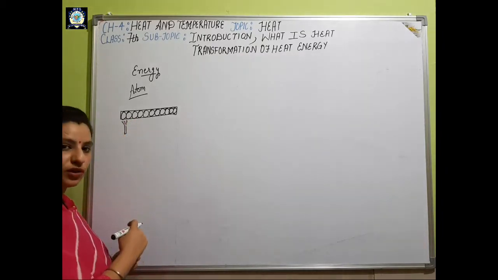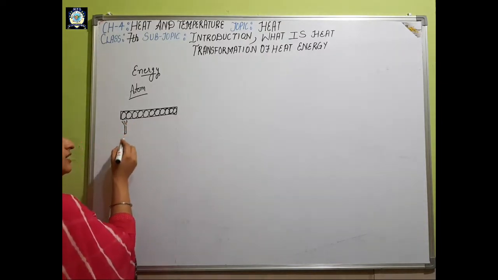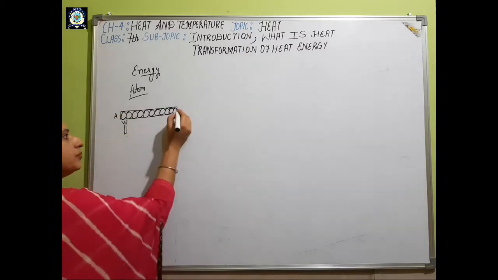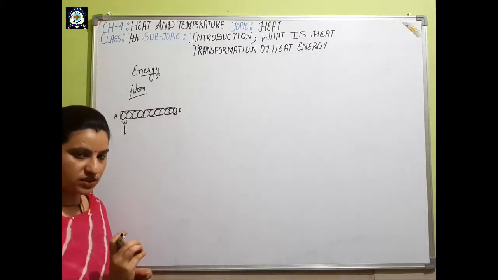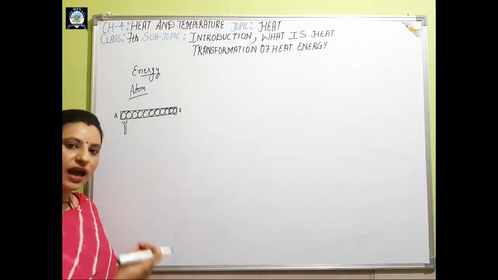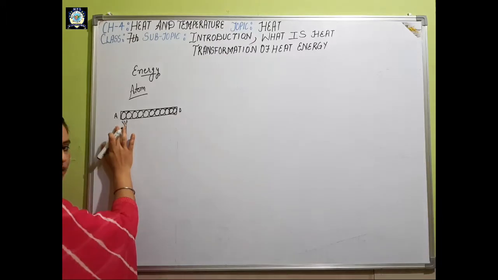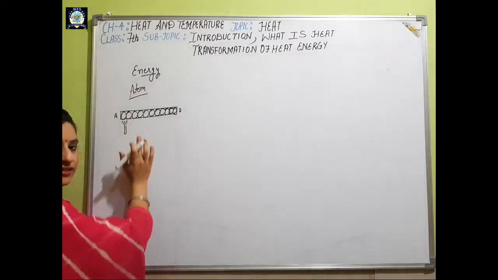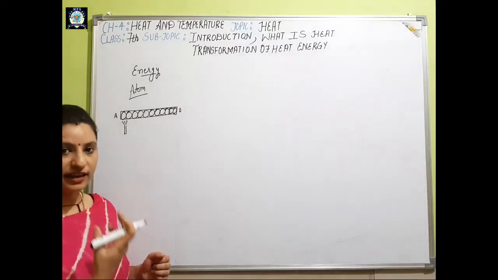If I start heating this iron rod with the help of a stove burner at one end, then in the beginning this A corner and B corner are both in cold conditions. But as soon as we light up the gas stove burner at the A end, the atoms at end A of the solid start gaining energy.